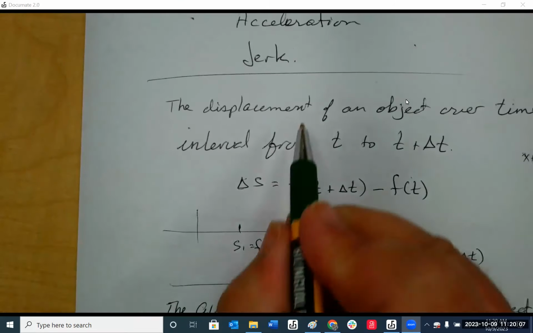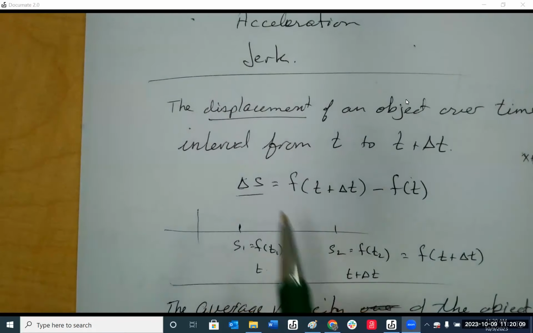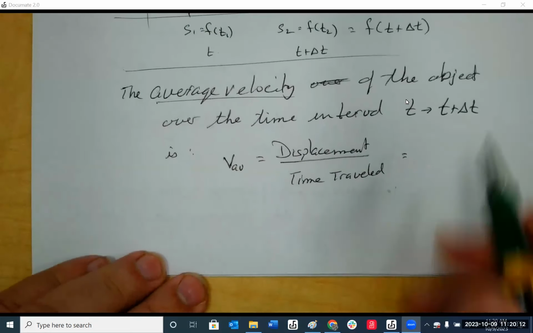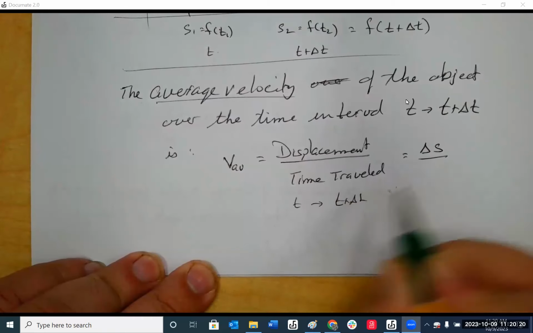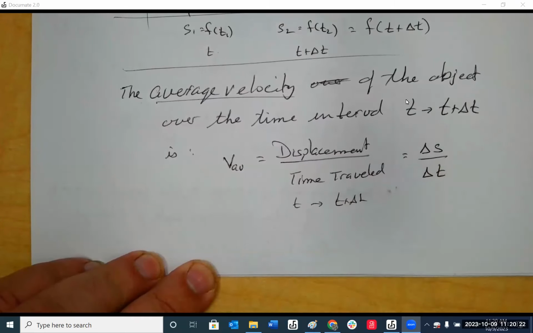So what is our displacement? Our displacement is delta S. And time traveled, from t to t plus delta t, is delta t.